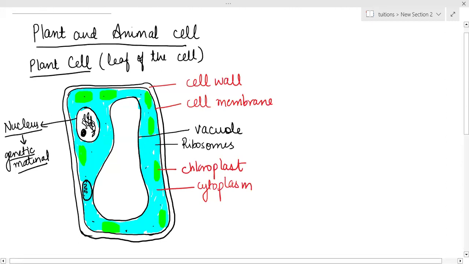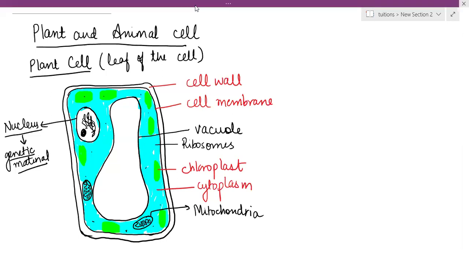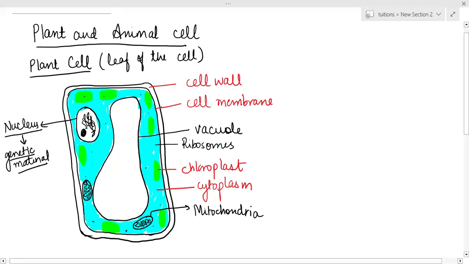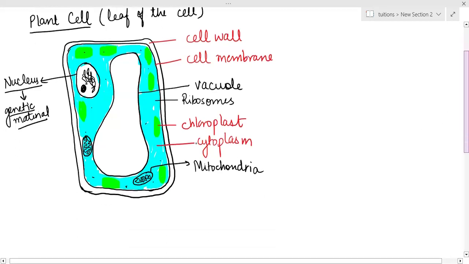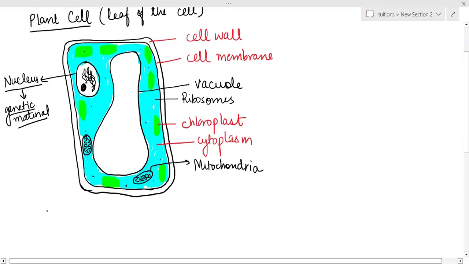It looks something like this. These organelles are known as mitochondria. So this was the plant cell, and this is how it appears under a light microscope. I hope all of this makes sense.